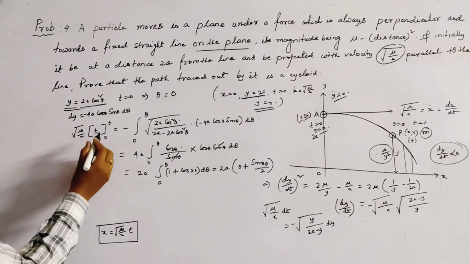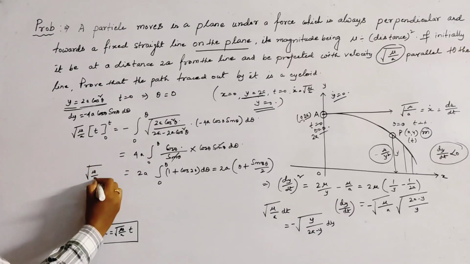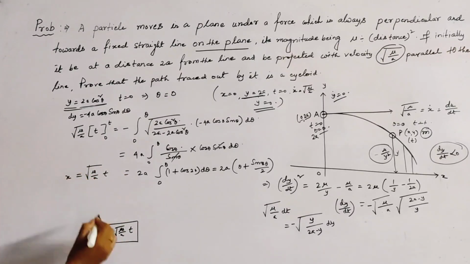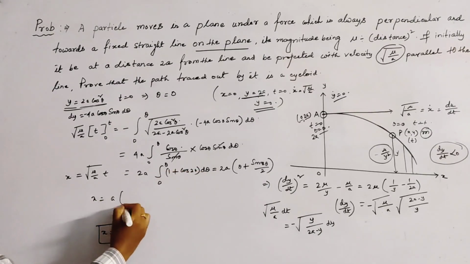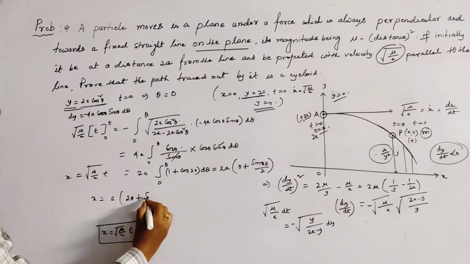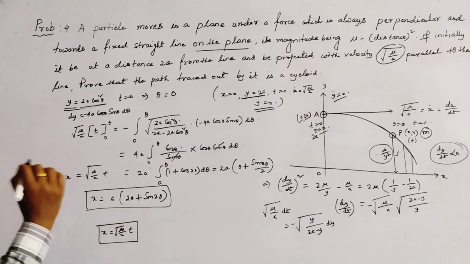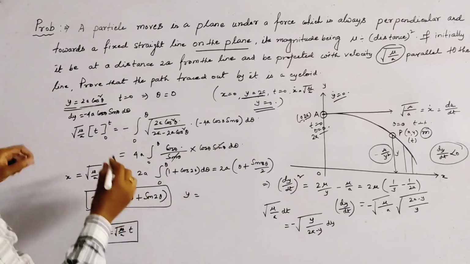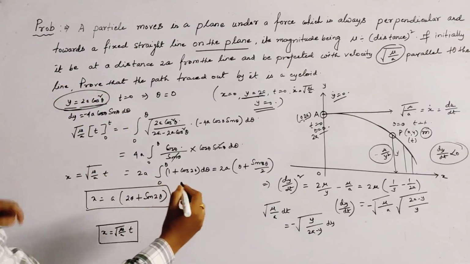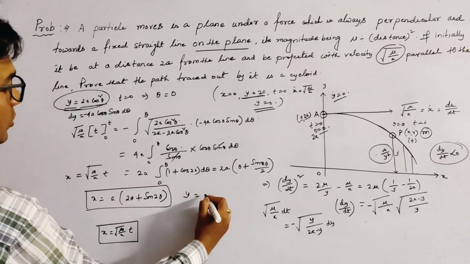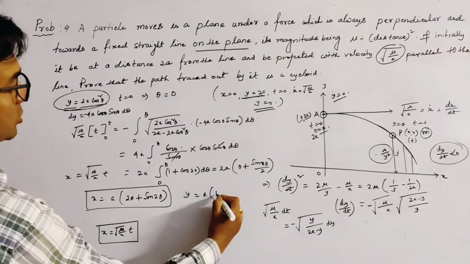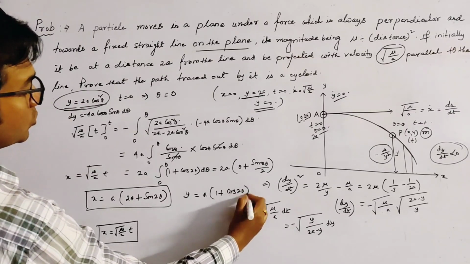Now we put this relation: root mu by a into t is equal to x, because we already got the relation x equal to root mu by a into t, and the right side is x equal to a into (2 theta plus sin 2 theta). Another relation, y, we put this relation and we get y equal to a into 2 cos square theta, meaning 1 plus cos 2 theta.